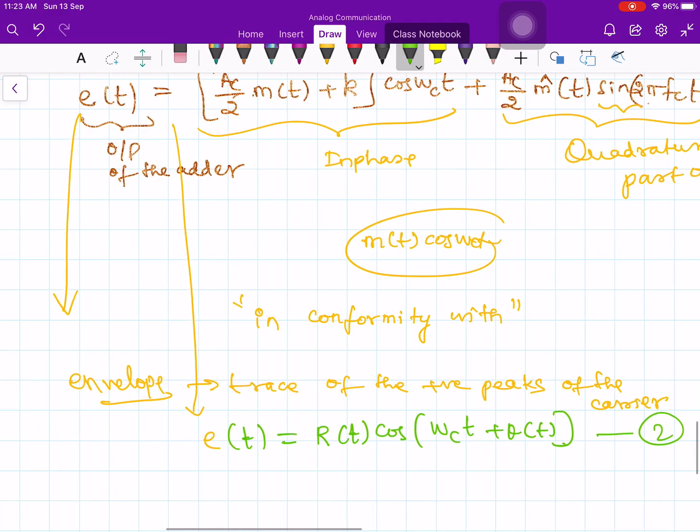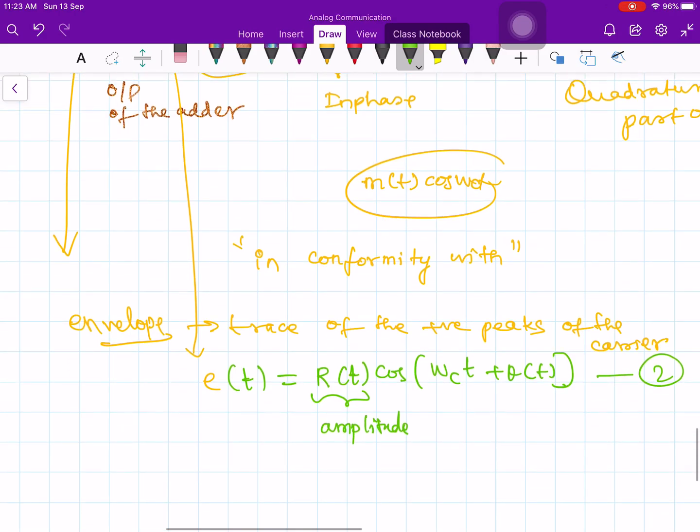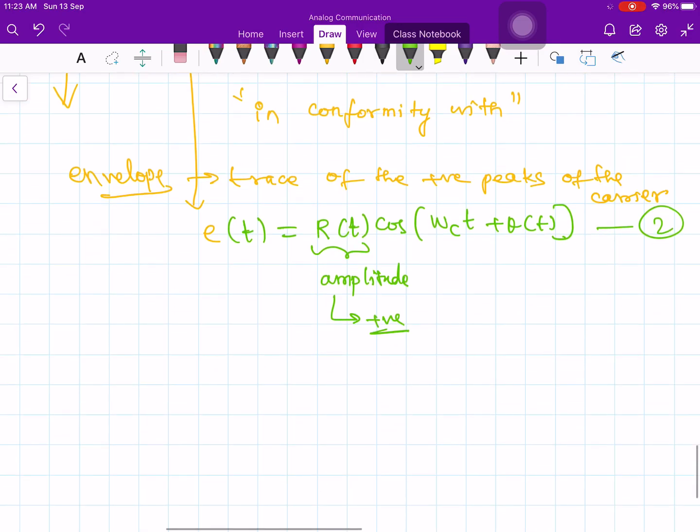Now, what is this R of t? R of t is the amplitude part, and this amplitude part is always positive because it's a magnitude. Now, in general what will be R of t? Suppose you have a number x plus jy. The magnitude is R equal to square root of x squared plus y squared.